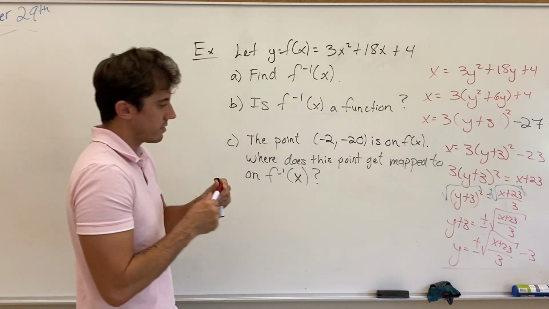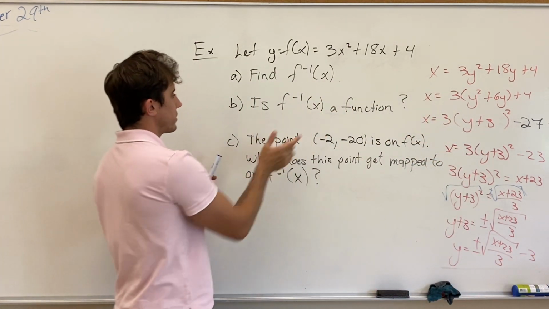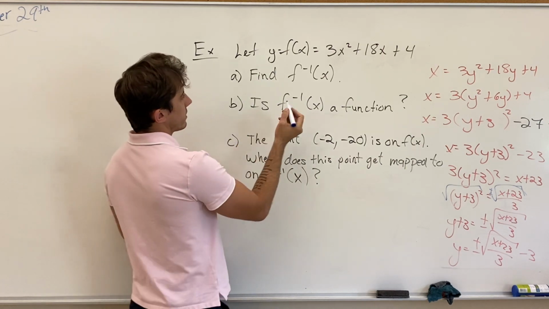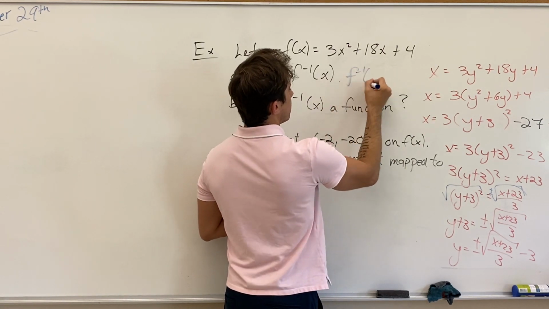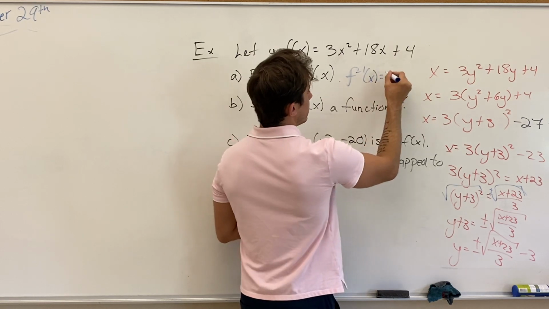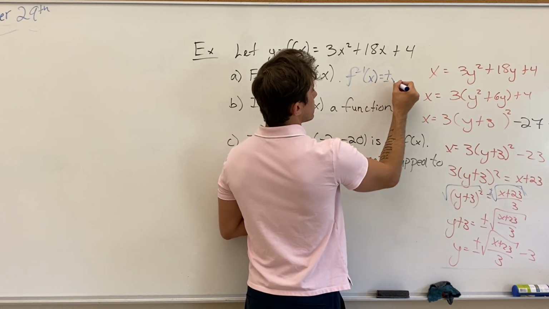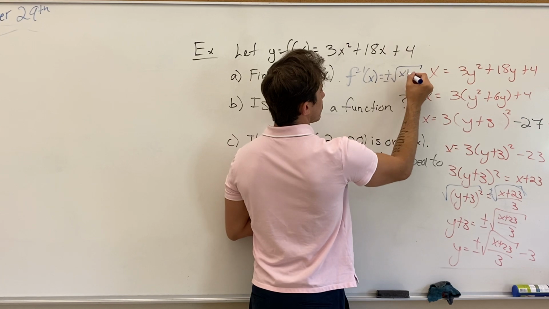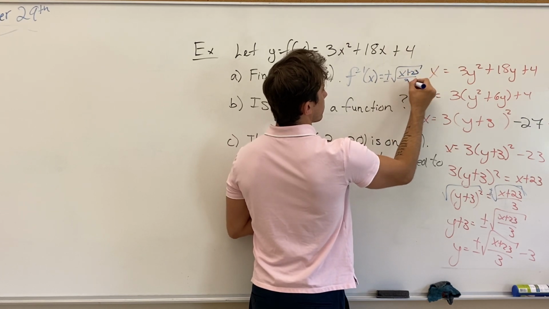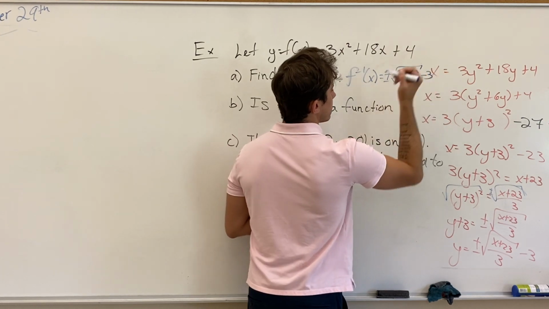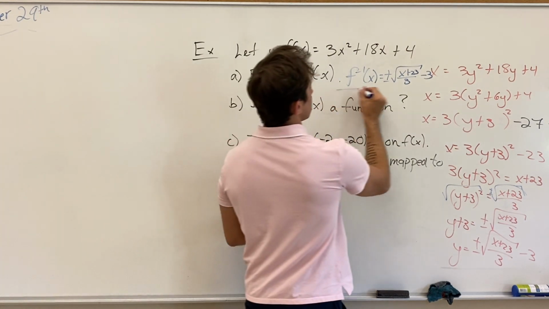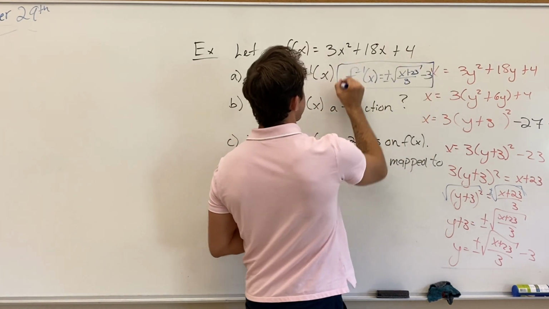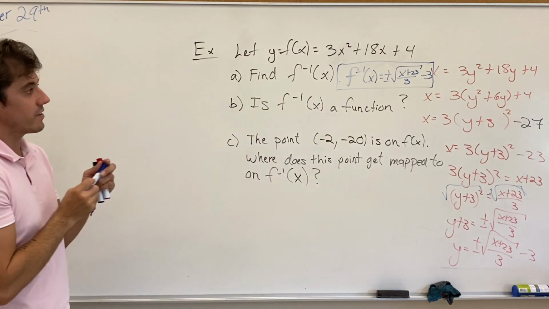And so that becomes our inverse relationship, f inverse of x. And we can write it as f inverse of x is equal to positive or negative square root of x plus 23 all over 3, minus 3. Okay, I'm sorry about the little bunch up there, a little crowded, but that's okay. So there's our f inverse relation.